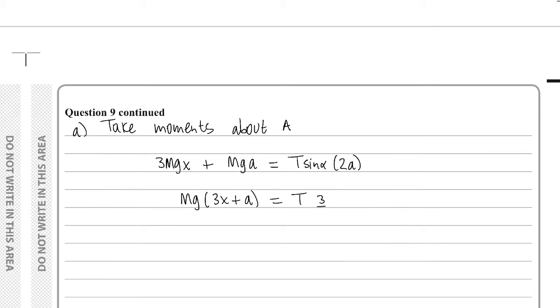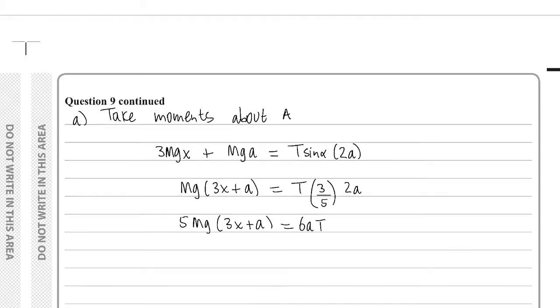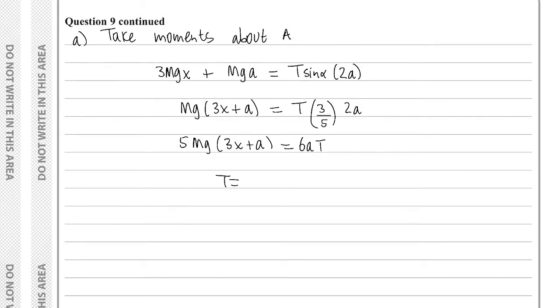Sine alpha is 3 over 5 times 2a. So 5 mg brackets 3x plus a is 6aT, leading to T being 5 mg 3x plus a over 6a as required.